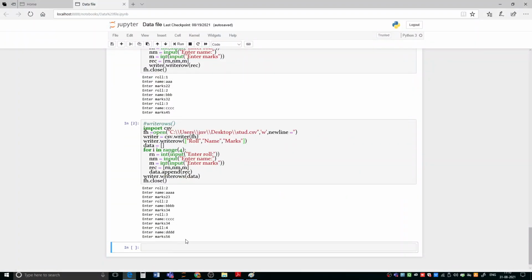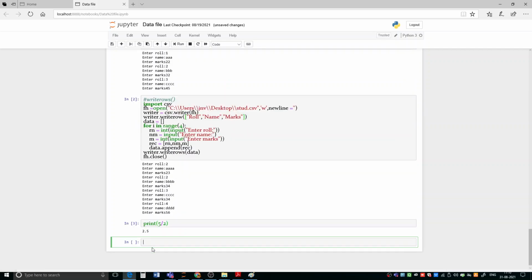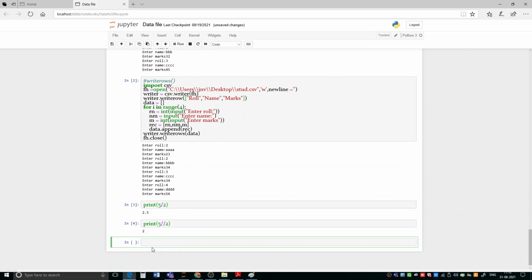Suppose you are doing print 5 divided by 2. What have you got? 2.5. Print 5 integer division 2. What have you got? 2. Print 5 percentage 2.